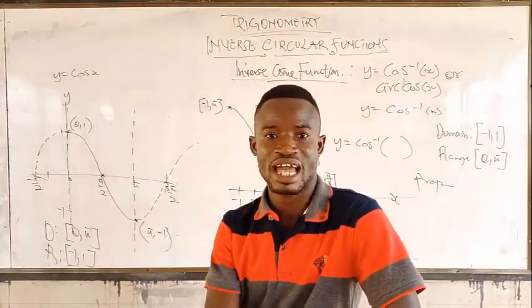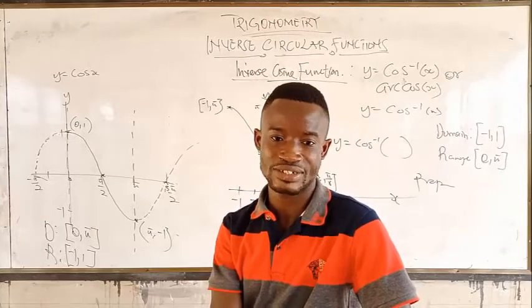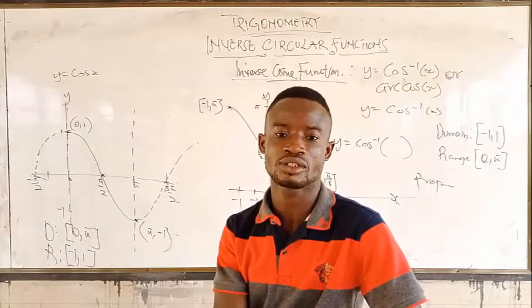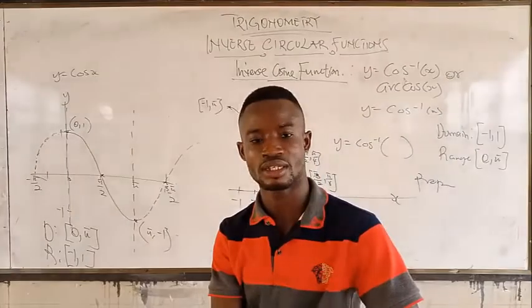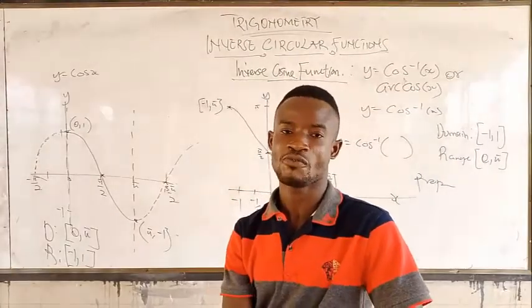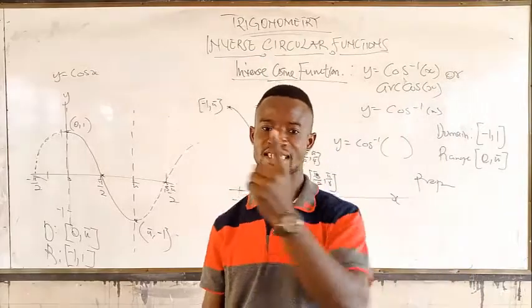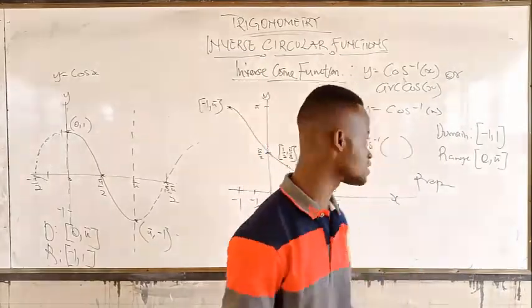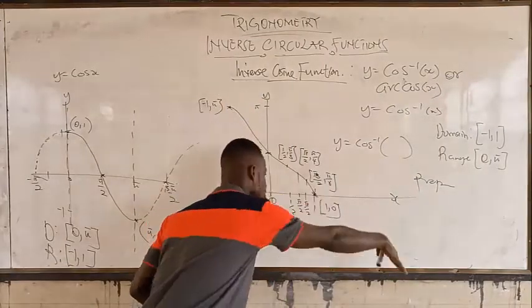The inverse cosine function is decreasing and continuous on its domain, negative 1 and 1. Don't forget, sine inverse is increasing and continuous on its domain. But with this, we are saying that it is decreasing. You can see that it is decreasing.